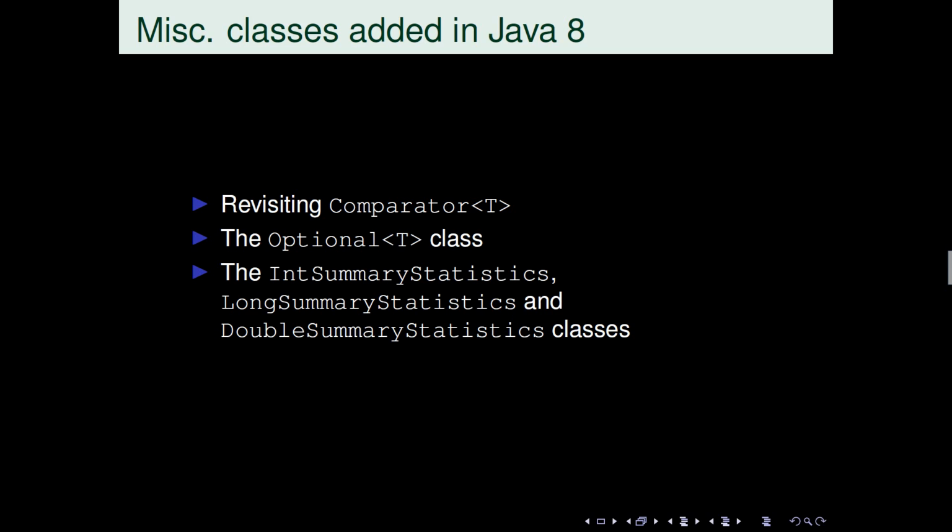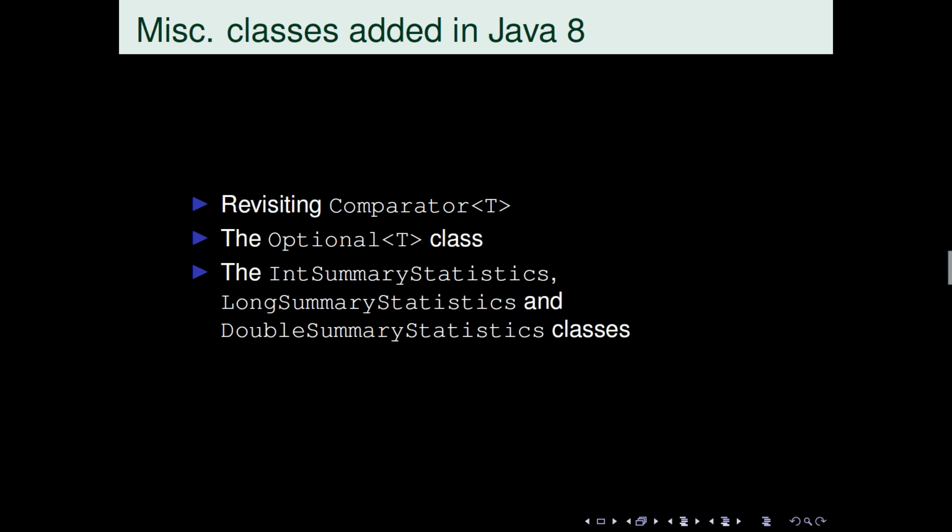So we have a class to help us maintain those statistics, for int, long, and double, so we have these three classes. These were introduced in Java 8.